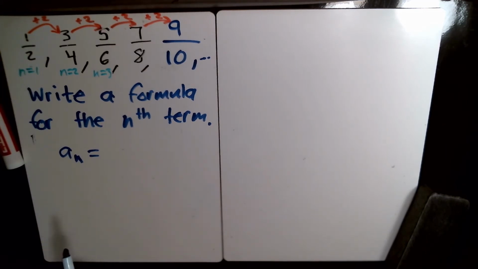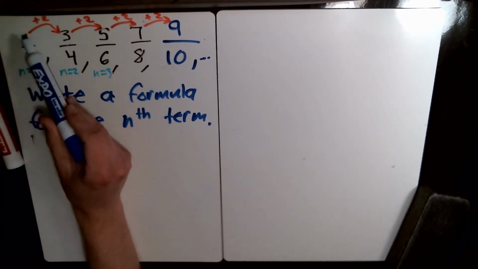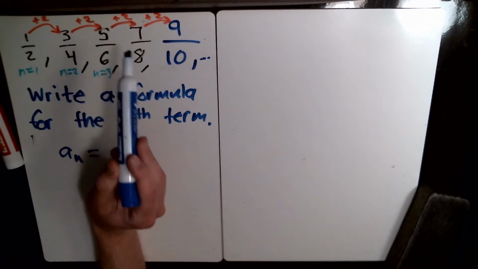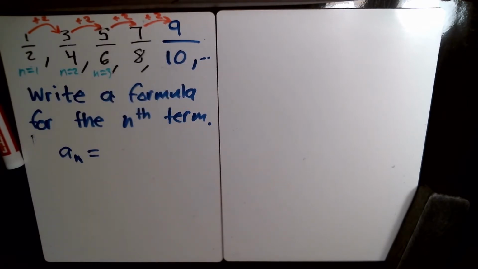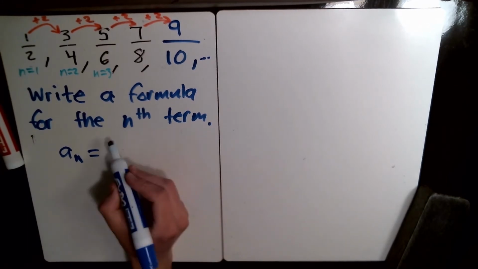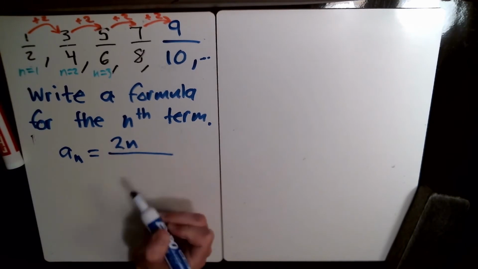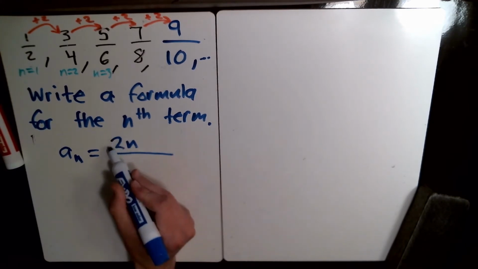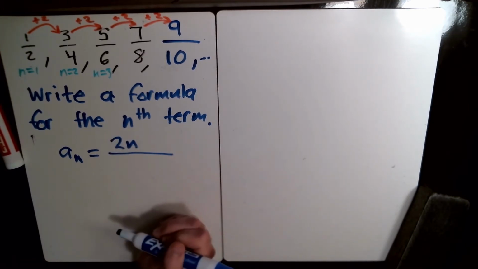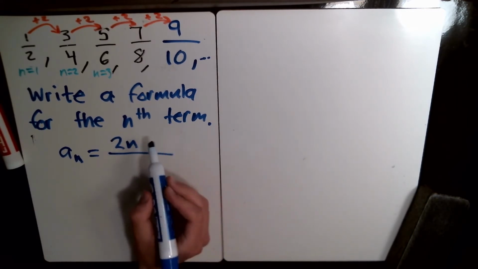The first thing you want to notice is that the top is going up by 2 every time, so it's going to be linear. You know the slope of your line is going to be 2, so you're going to have a 2n, because mx plus b, m is your slope. You're going to have a 2n, and then plus or minus some number.